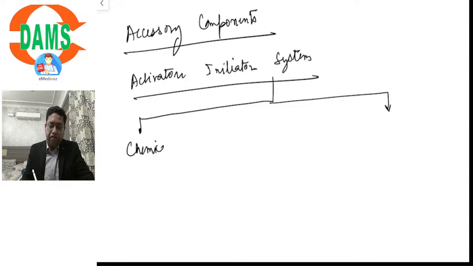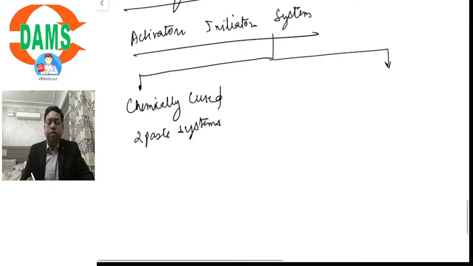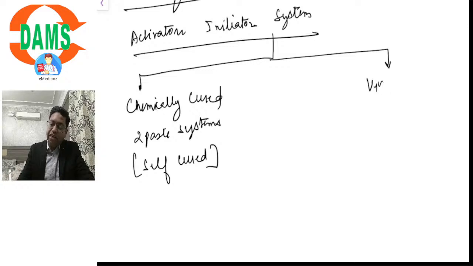Chemically cured composites, which are two paste systems, are also called self-cured. Then there are visible light cured composites.